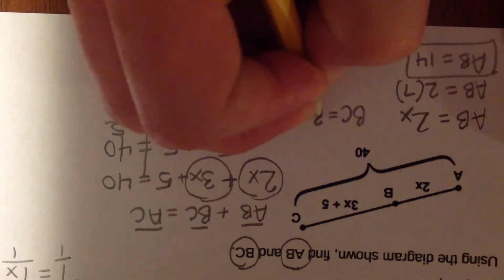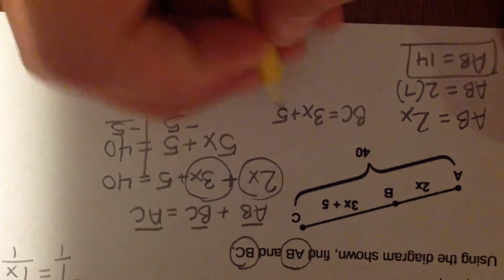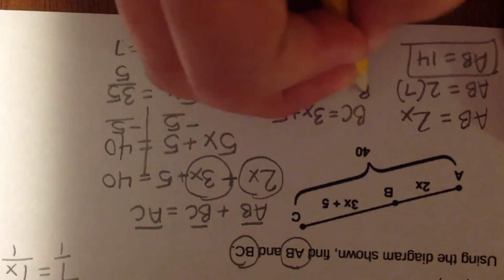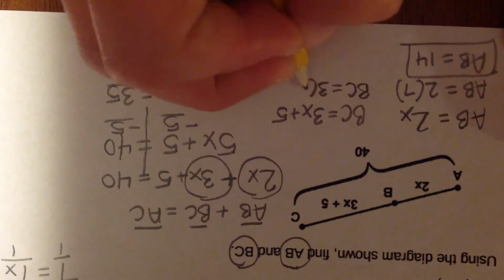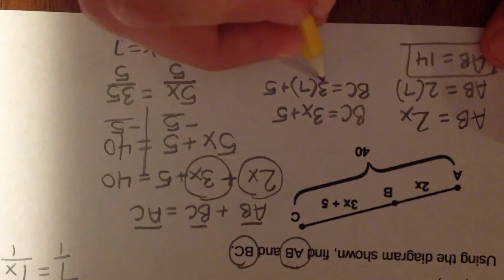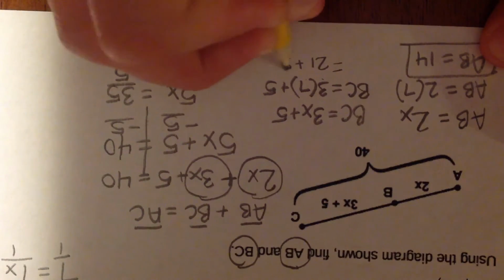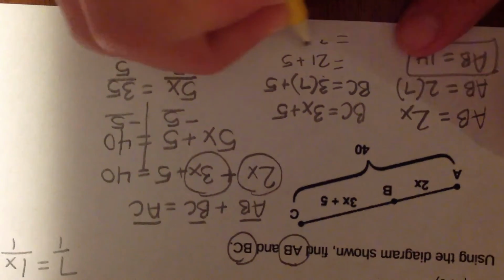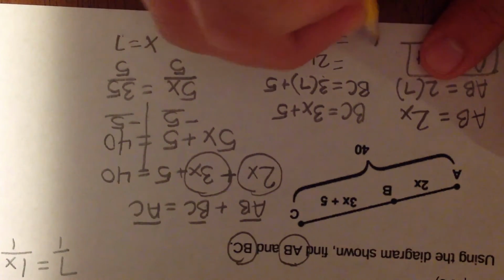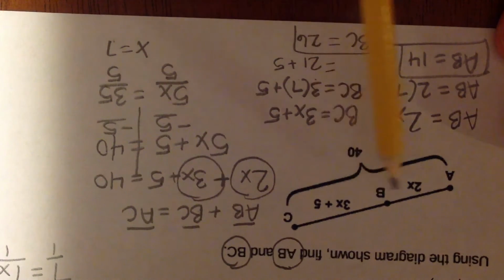BC equals 3x plus 5. And again, if I know x is 7, I substitute that in. BC equals 3 times 7 plus 5. 3 times 7 is 21 plus 5. That equals 26. BC equals 26.